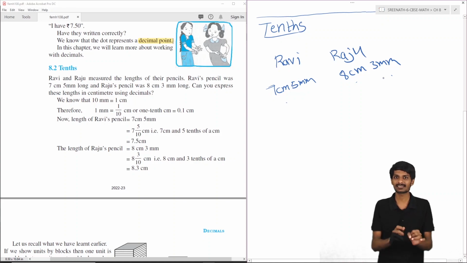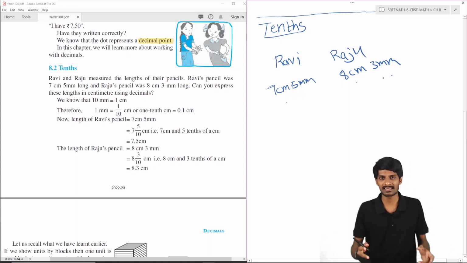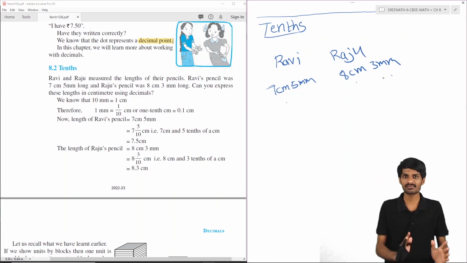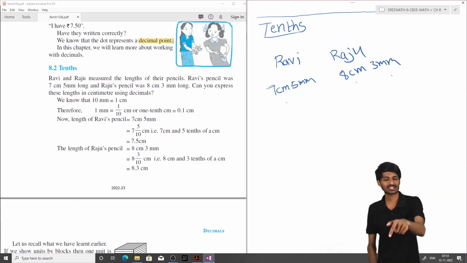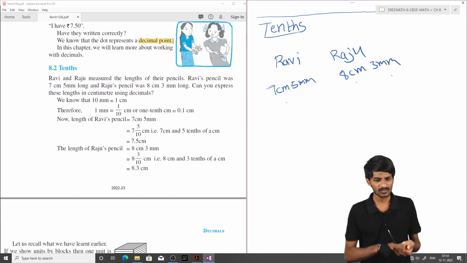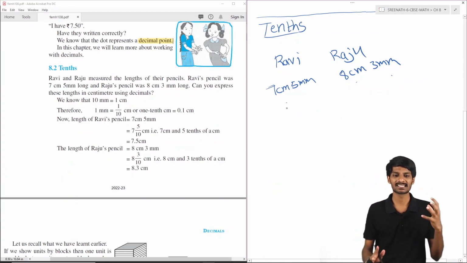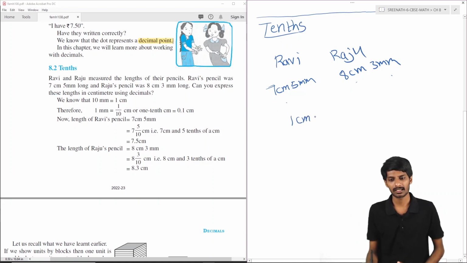Can you do this task? Can you express the lengths only in terms of centimeters? If you can do it, just comment below. We know the relation between centimeters and millimeters: 1 centimeter is equal to 10 millimeters, students.